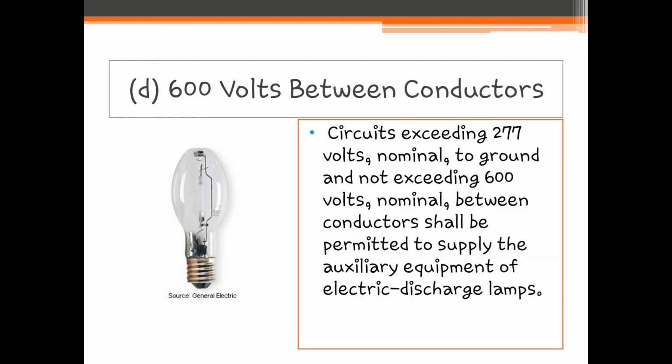So for 600 volts between conductors, maapil ni sila ang mga circuits nga mag-exceed og 277 volts pero wala ga-exceed og 600 volts. Permitted sila to supply the auxiliary equipment of electric discharge lamps.